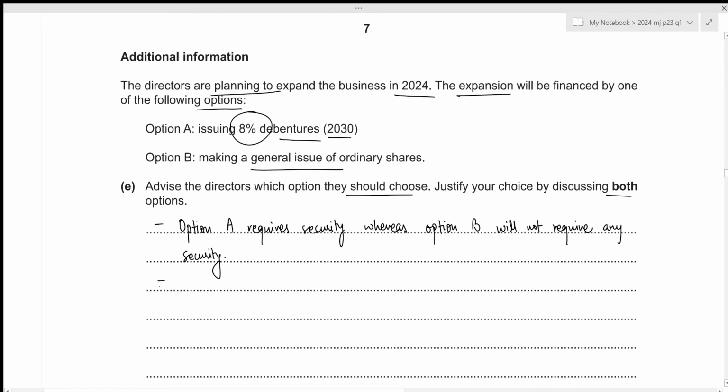The second thing we can write down is that debenture will have to be repaid, whereas ordinary share is a permanent capital.